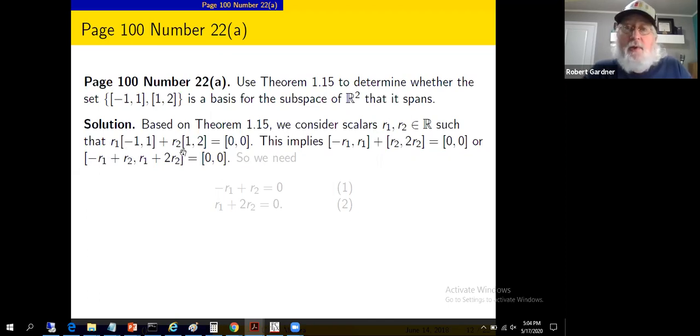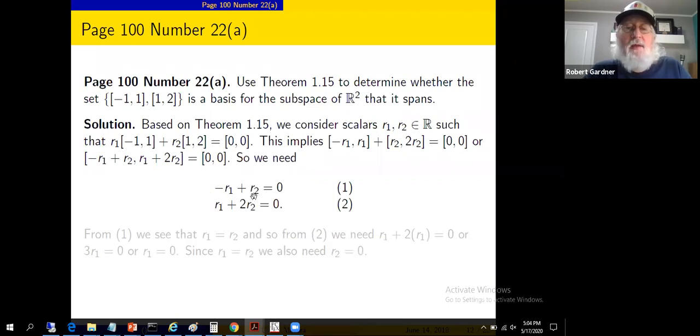R1 and R2 certainly could be 0. Could they be something else? Because this is going to turn into two equations and two unknowns. Do the arithmetic, take the scalar multiples on the components of the vectors, then add the vectors together. Produces negative R1 plus R2, comma, R1 plus 2R2 equals 0, comma, 0.